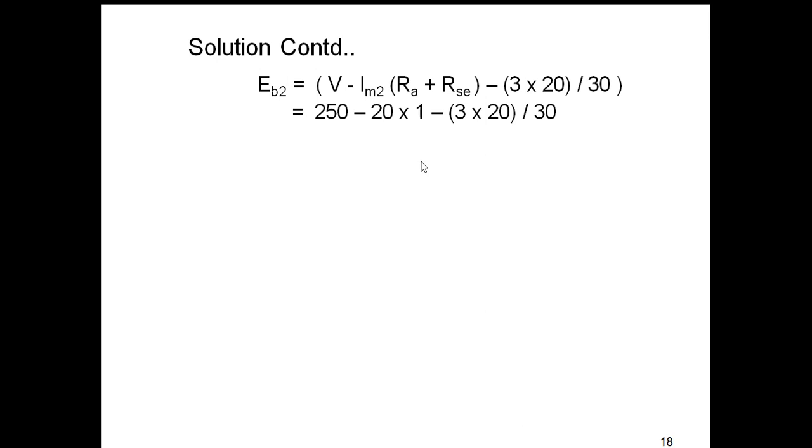On substituting those values, we get 250 minus 20 into 1 minus 3 into 20 by 30.